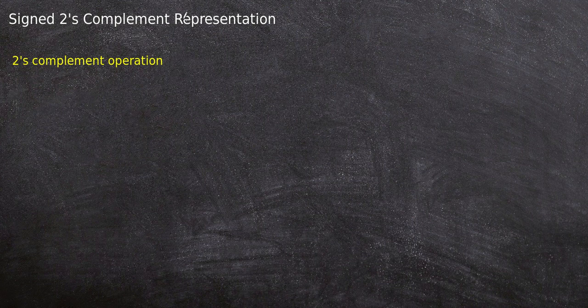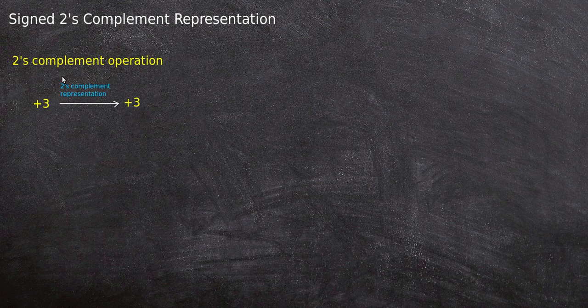Before we move to the representation mechanism, first we need to distinguish a very crucial thing, that is signed 2's complement representation and 2's complement operation. Suppose we are given a question like this. We have a number plus 3 and it is asked what is the 2's complement representation of plus 3. Then the representation of a positive number in 2's complement is always positive, because the representation of a positive number is the same in all of these three signed number representation methods.